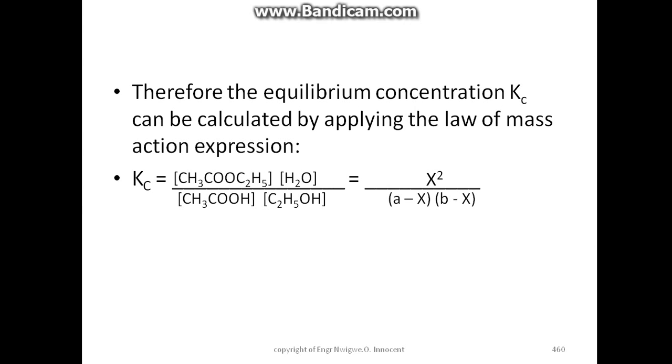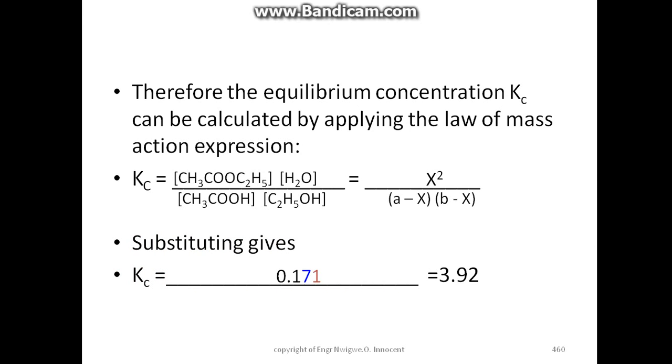Substituting the values in the equation gives Kc equal to 0.171 squared over 0.829 minus 0.171, bracket 0.18 minus 0.171, which gives 3.92.